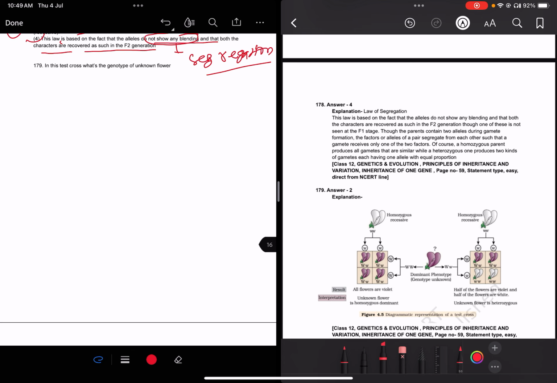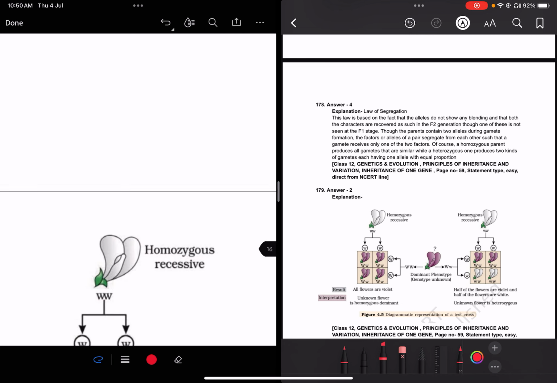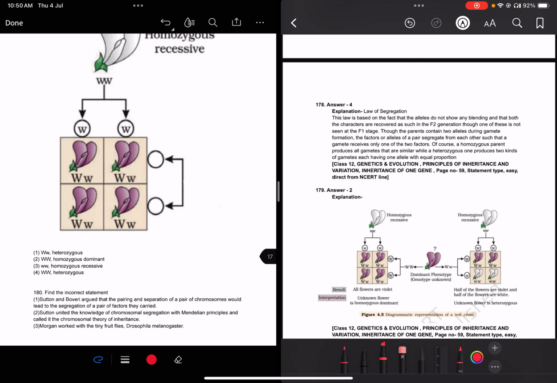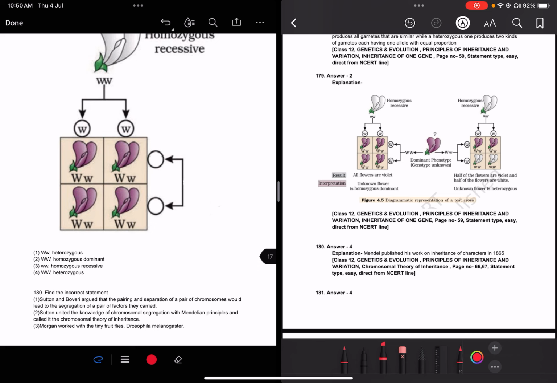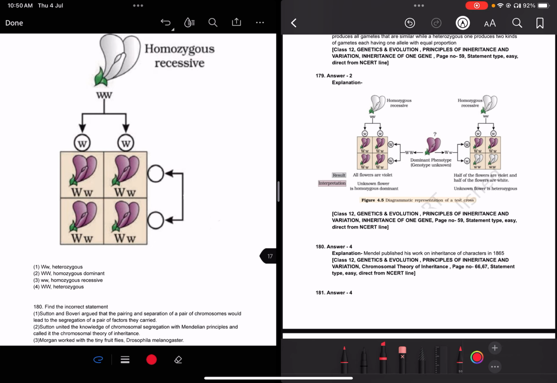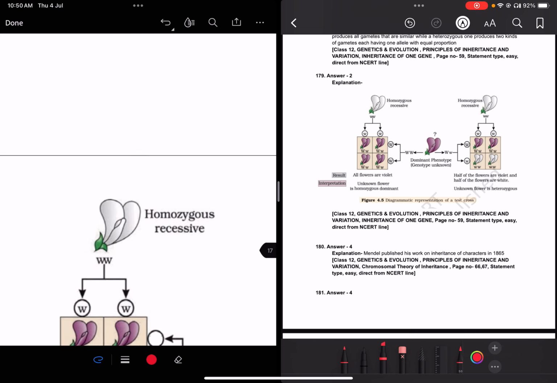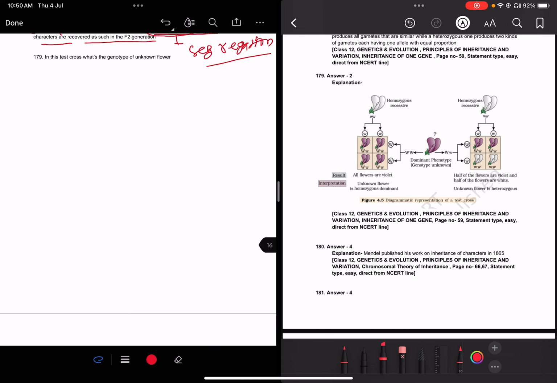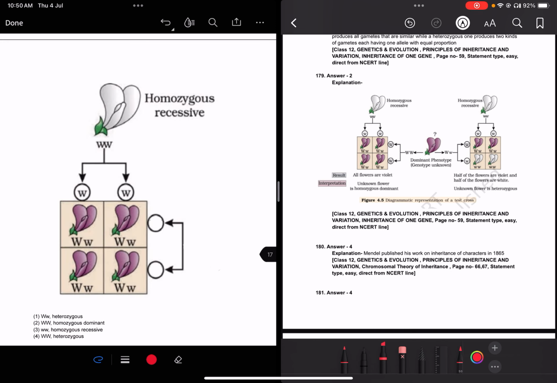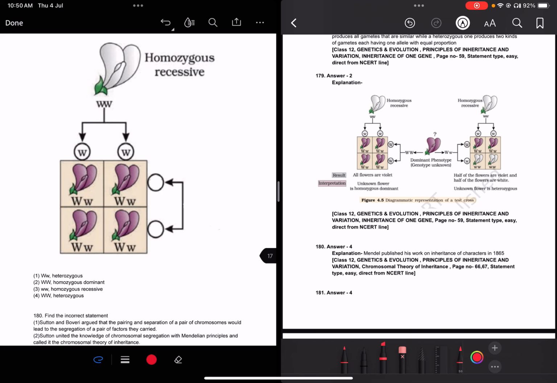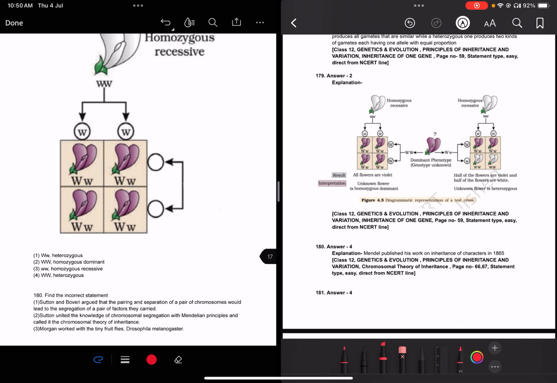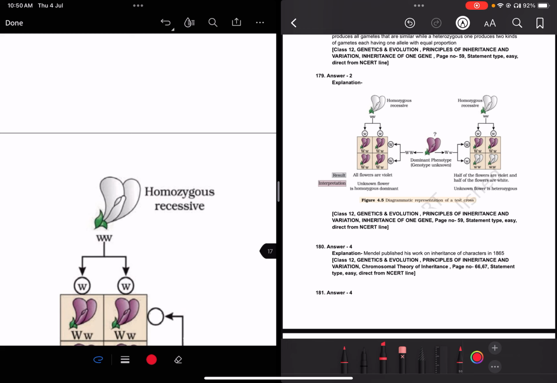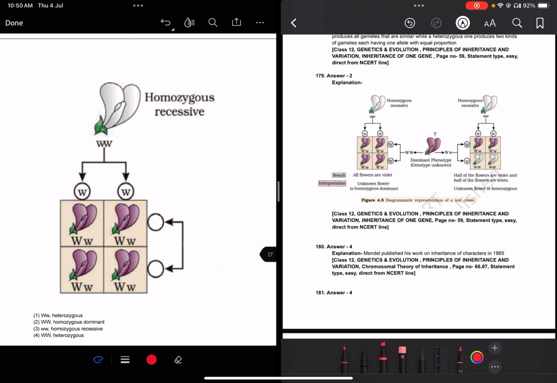Now the next question is asking: in a test cross, what is the genotype of the unknown flower? Here, test cross 7, this is also an NCERT figure, so no need to explain. Now read the question: in this test cross, what is the genotype of the unknown flower? Here one unknown flower is given, and the homozygous recessive is given as ww.